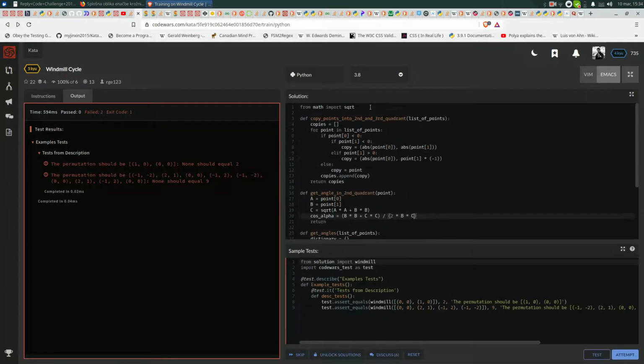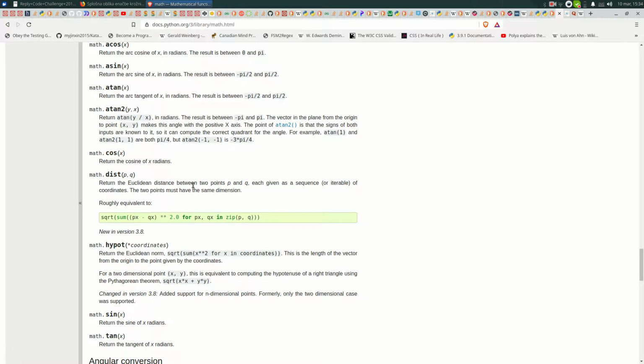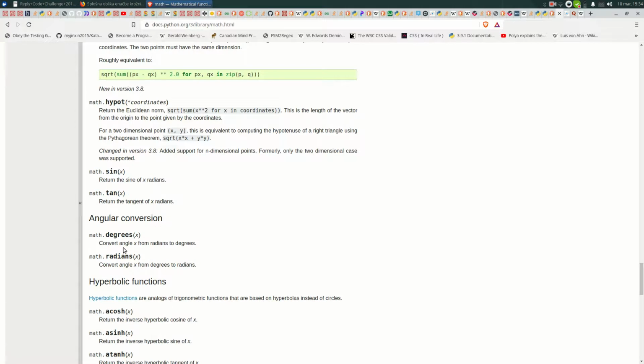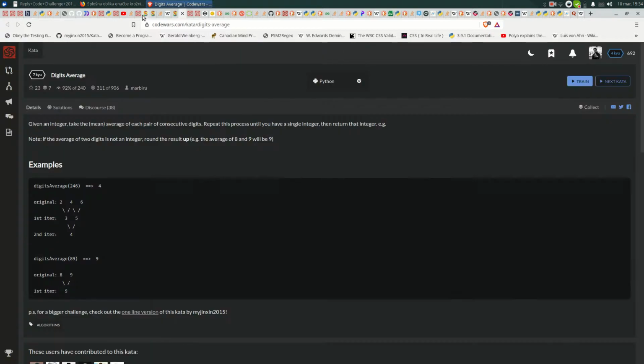So here you say acos. So here we say, that is angle in radians, acos alpha, and then we want to return, like math from degrees to radians to degrees, convert angle degrees from radians to degrees, and we also import degrees.